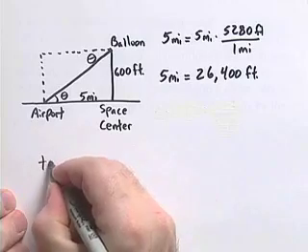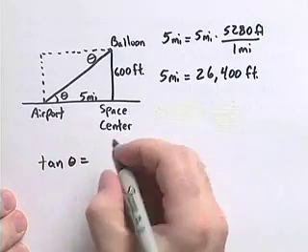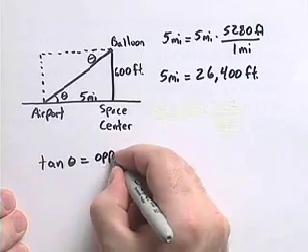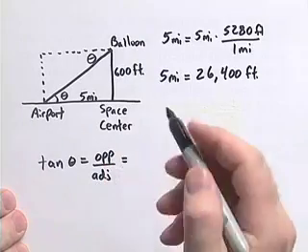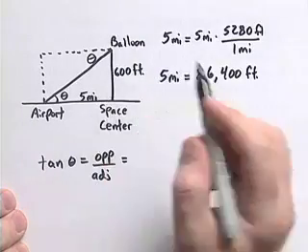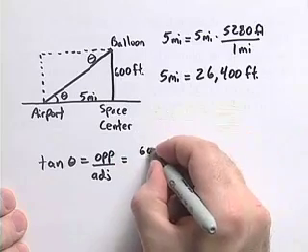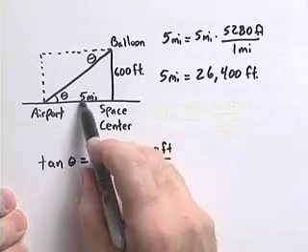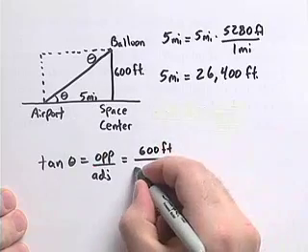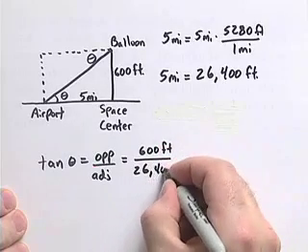We know that the tangent of theta is equal to the opposite side over the adjacent side. In this situation, the opposite side will be 600 feet. And the adjacent side, remember we had 5 miles, which we changed to 26,400 feet.